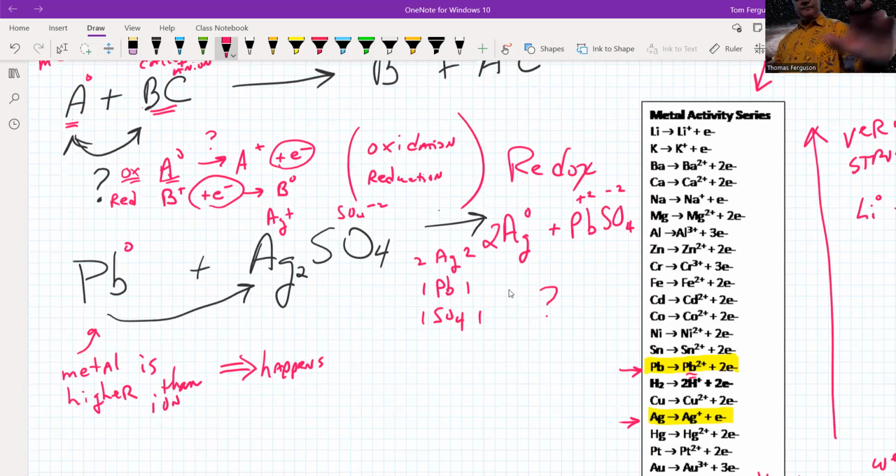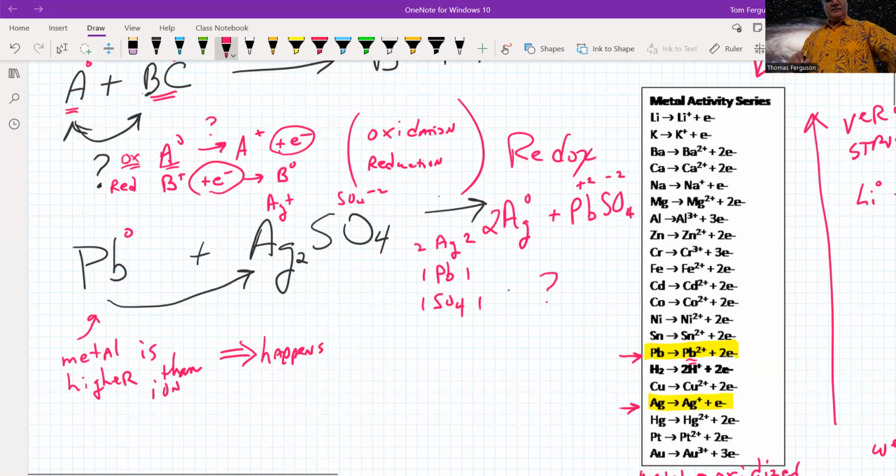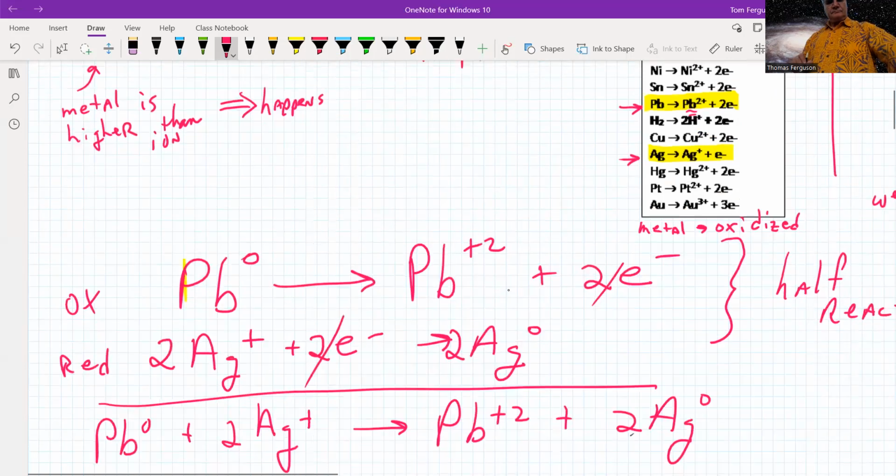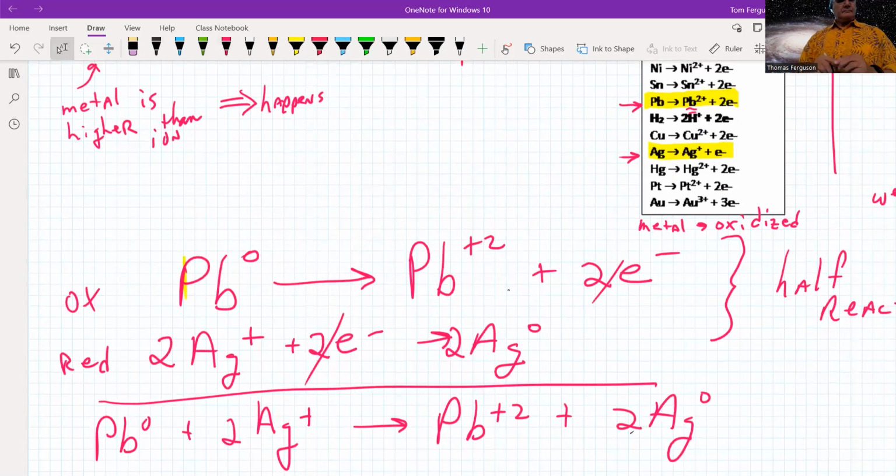Now, what I'm going to do is break this down into 2 half reactions, quote unquote. A half reaction shows what's going on with the electrons. Are they being transferred, received? What the heck's going on?